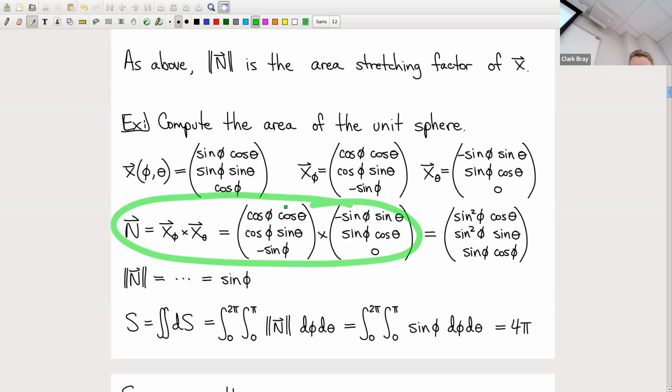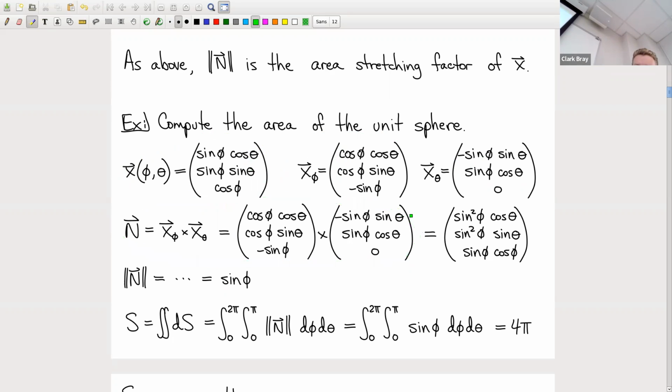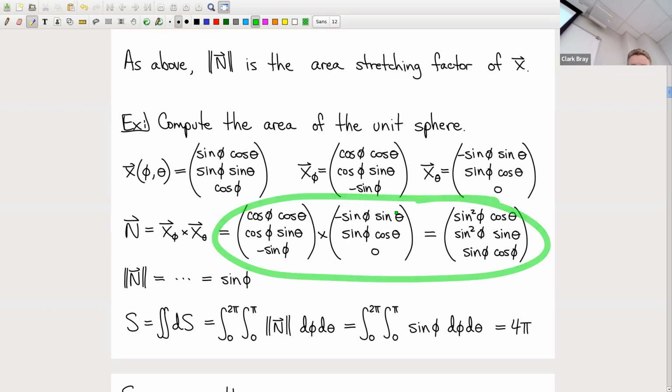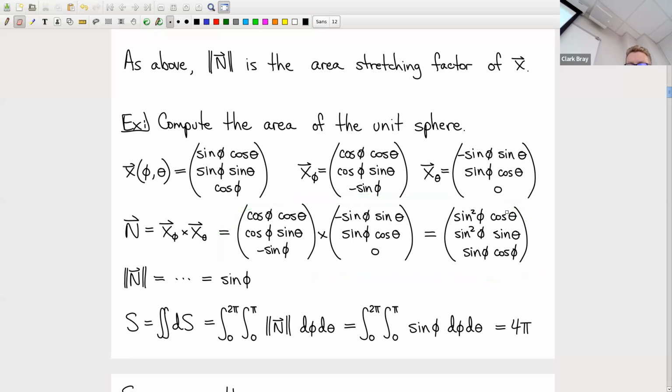Again, it's just algebra, but make sure that you can do this. Taking a cross product of two vectors, especially when the formulas are a little annoying, I want to make sure you keep it straight and don't accidentally lose a minus sign and stuff like that. It's easy to mess that up. So, Math 218 flashbacks and all that, but make sure that you are reliable and proficient with computing cross products.